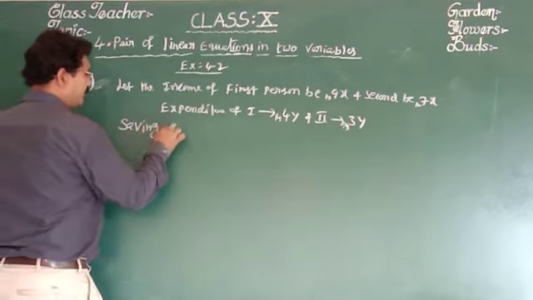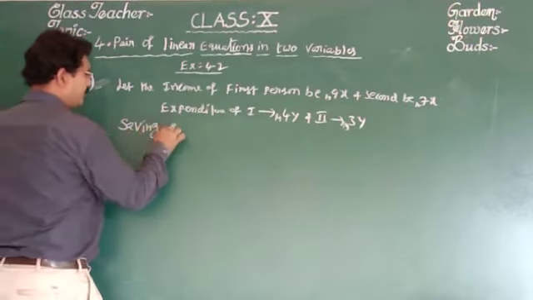Now come to the point. It is easy to equate the coefficients of y. So equation 1 is multiplied with 3. So 3 9s are 27x minus 3 4s are 12y is equal to 3 2s are 6000. Equation 2 is multiplied with 4. Now 4 7s are 28x minus 4 3s are 12y is equal to 4 2s are 8000.